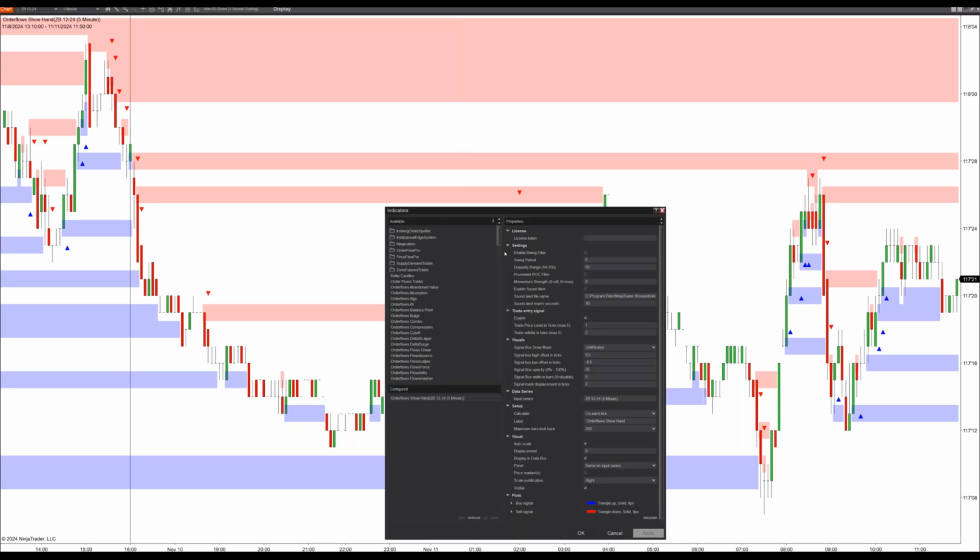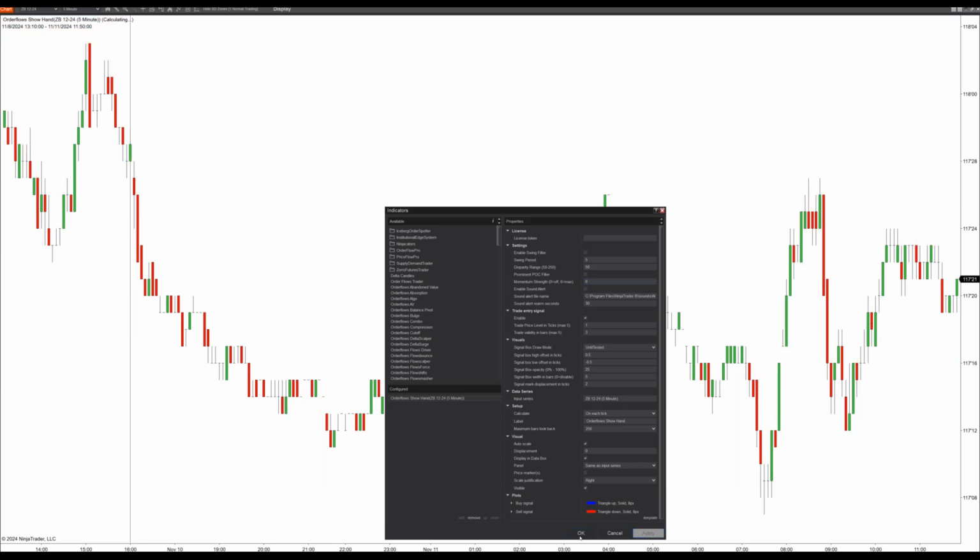Then you can put the momentum strength on. If it looks too messy, in the sense of too many signals, then your disparity range is set too low. Then you might want to add on the momentum strength to clean it up a little bit.